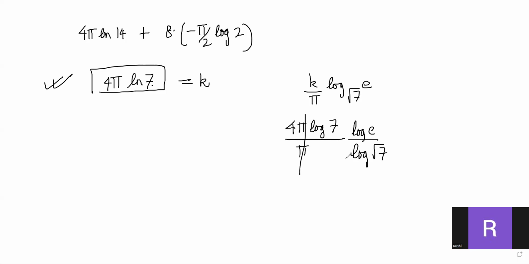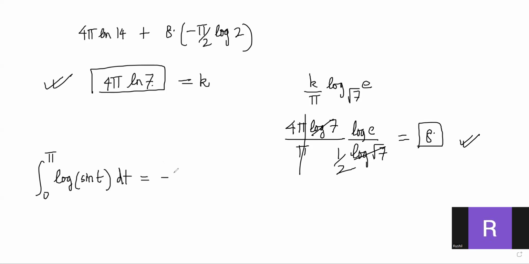This is half log 7. So answer is 8. The main thing is to convert it and write it as sin x and use the integral value that you know for log sin t. Yeah, so that is the answer for that one.